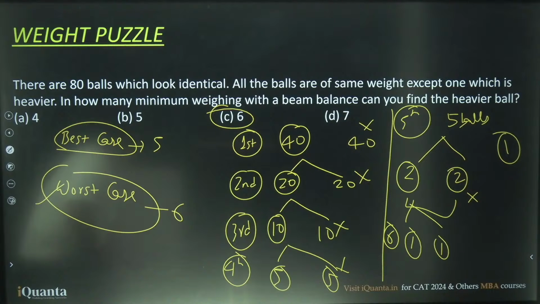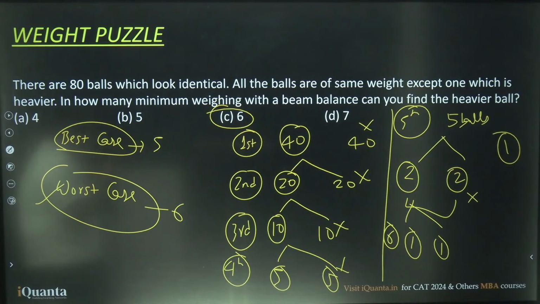In that also, in the worst case, we will take the worst case. I got it. 3 parts can be done, but then also we won't get the exact answer in 4 iterations.